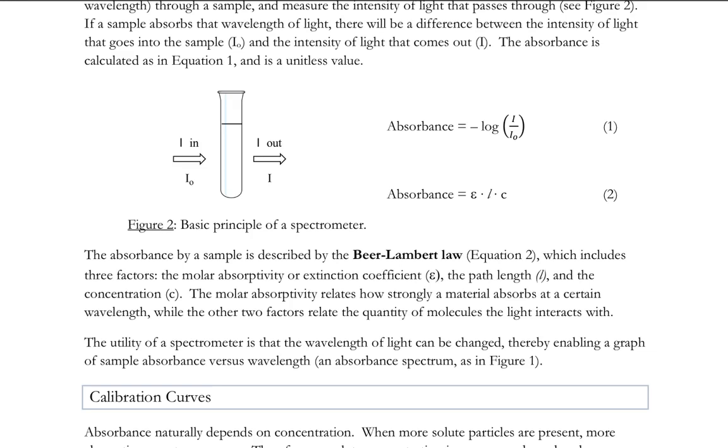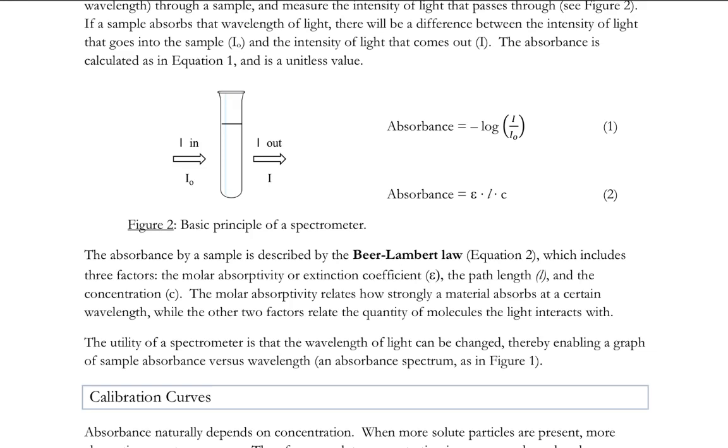The instrument knows how much intensity, what is I naught. It then goes and interacts with the sample shown here in this test tube. If light is absorbed, then the intensity I of the light coming out is less than the intensity I naught. And that will be then transmitted to absorbance via that equation 1.